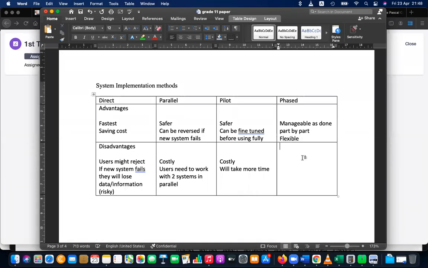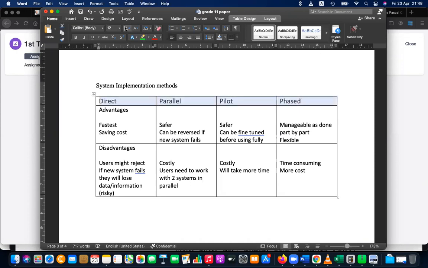But again, it is time consuming. It will take more time, more cost, more money. Okay, that is about the implementation methodologies and their advantages and disadvantages, a full comparison of each.